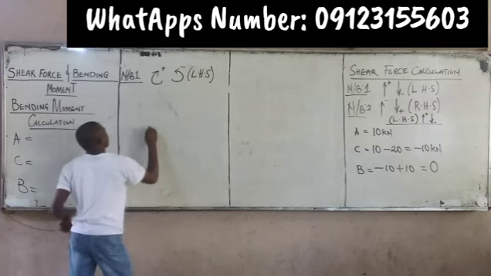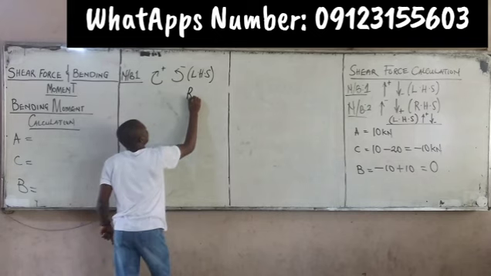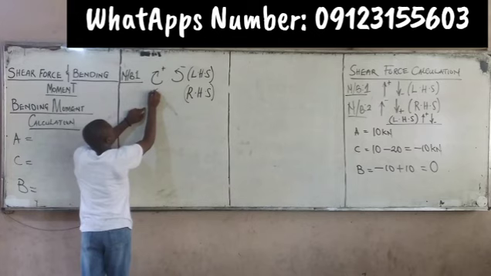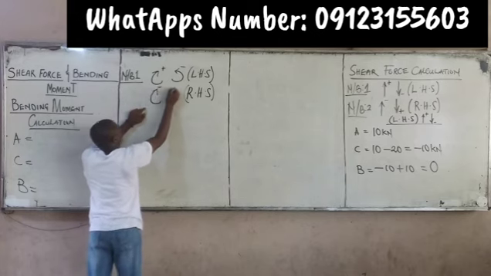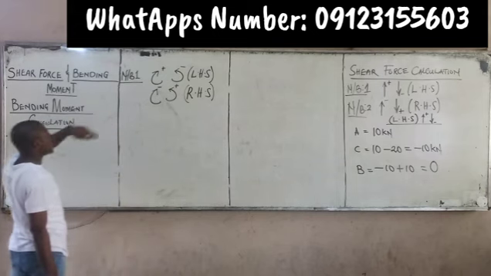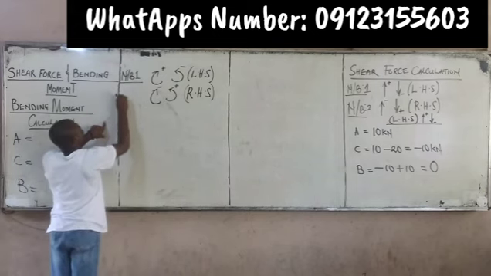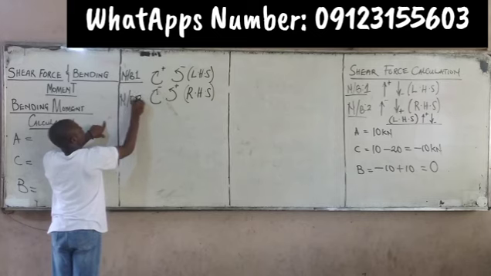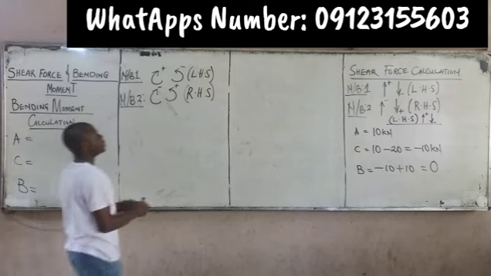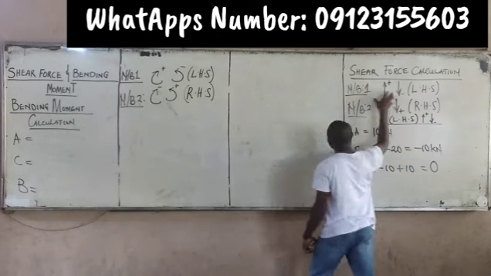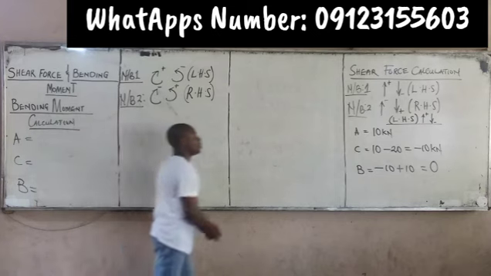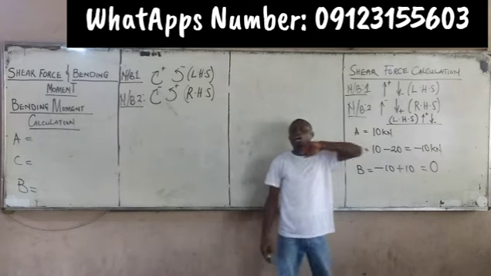But if I'm taking readings from the right hand side, ensure that clockwise is negative and anti-clockwise is positive. Ensure this, please. This is note number two. Note the difference between this one and that one when it comes to bending moment calculation and shear force calculation.